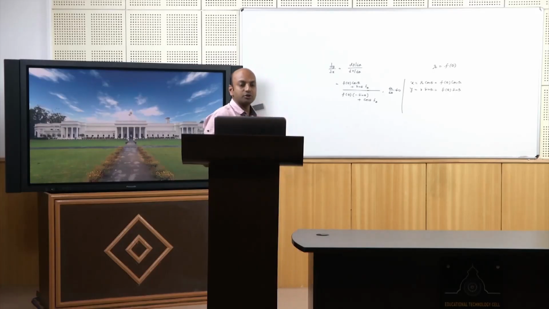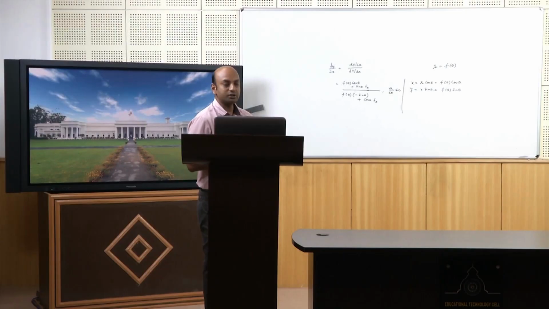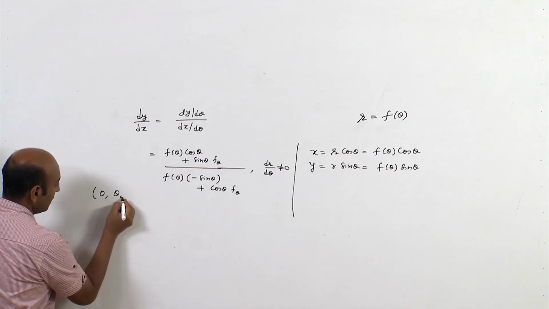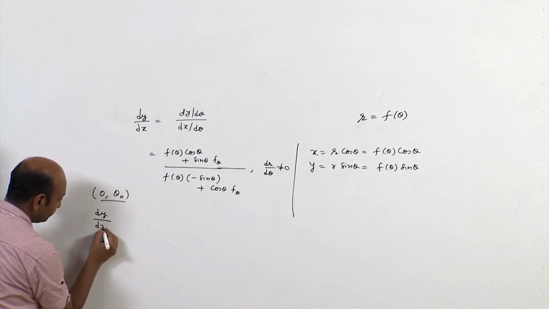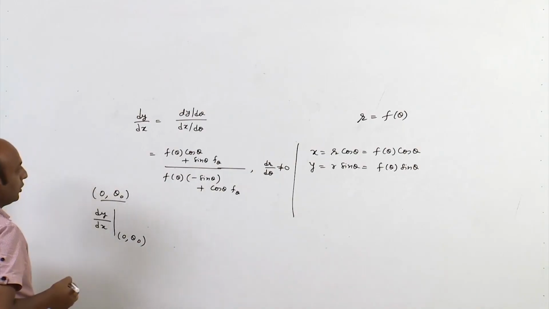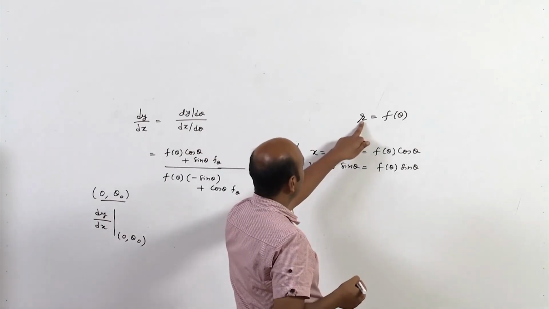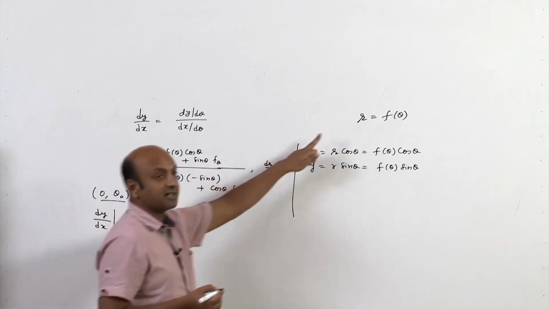Now, suppose you are interested to find out the slope at origin, I mean 0 comma theta naught. At 0 comma theta naught, dy by dx will be, when r is 0, that is 0 comma theta naught satisfies this curve.